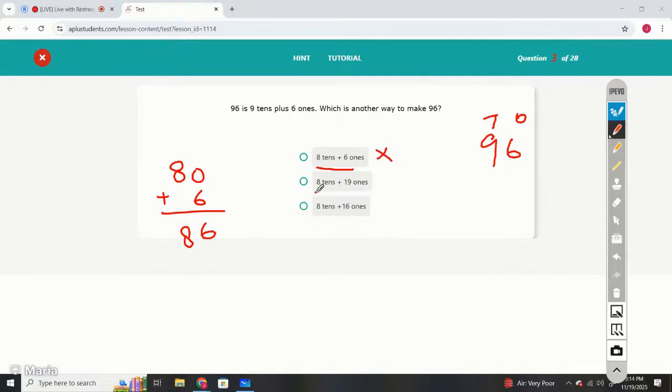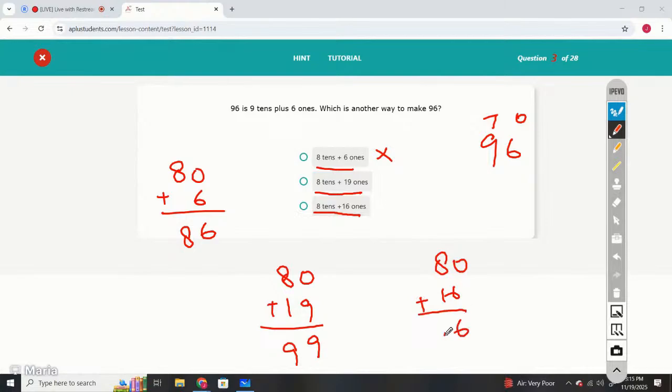Now look at the second one. 8 tens is 80 and 19 ones is 19. Now see, we have to add 9 plus 0 is 9 and 8 plus 1 is 9. But that makes 99. We have to make 96. So that would be 8 tens plus 16 ones. So 6 plus 0 is 6 and 8 plus 1 is 9.